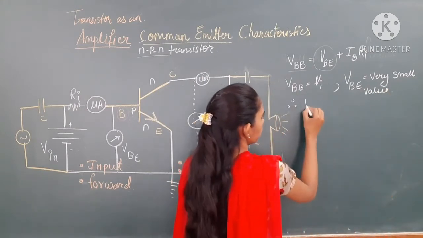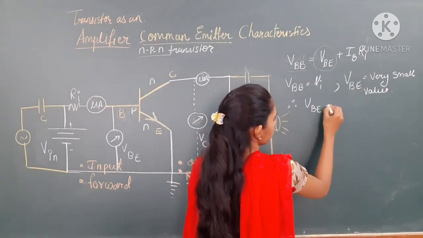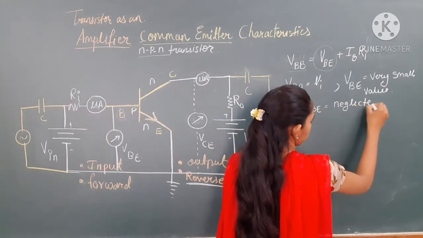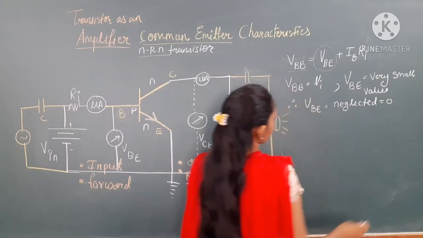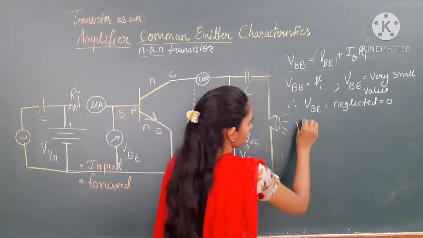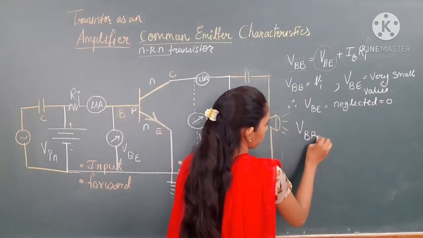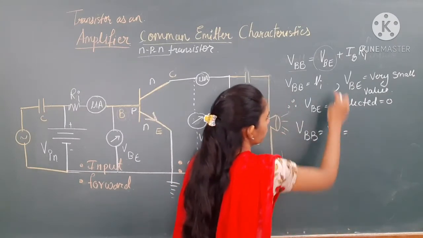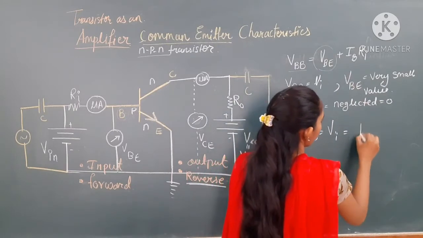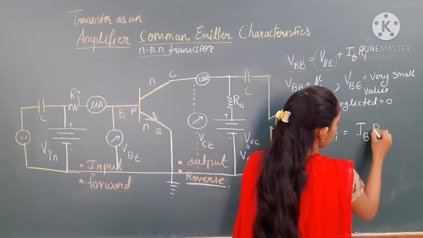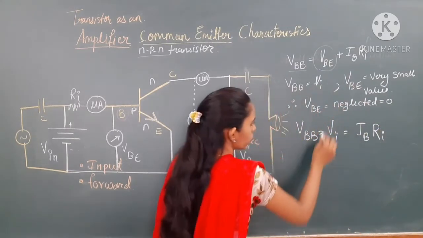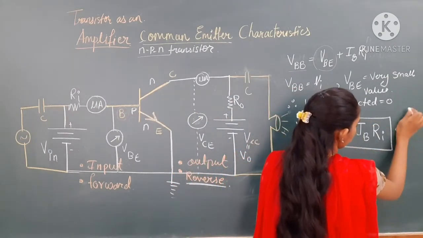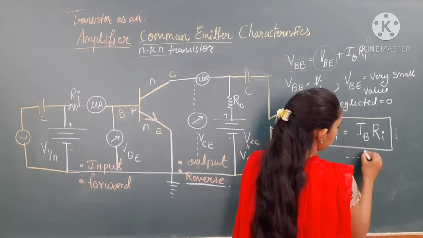Therefore, this VBE can be neglected. So VI becomes equal to IB into RI, as this part becomes 0.